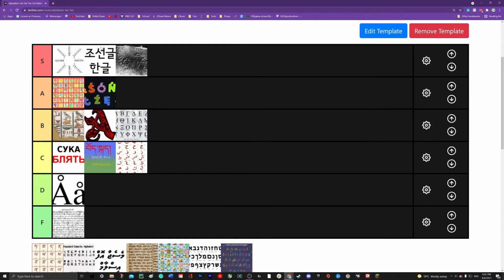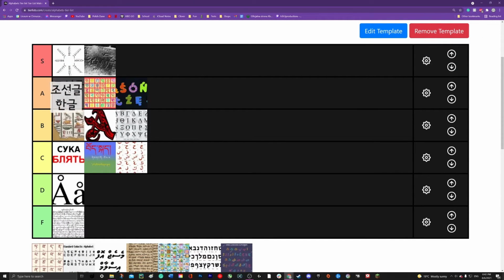It looks pretty complicated, especially when there's a lot of them next to each other. And that's the reason why I'm gonna put Korean down here. It's gonna be on the top though, so don't worry. The Canadian syllabic alphabet, by far my favorite alphabet. Just look how cool it is.